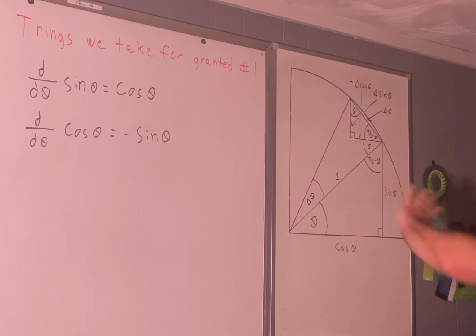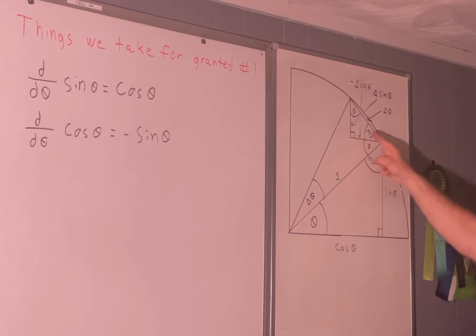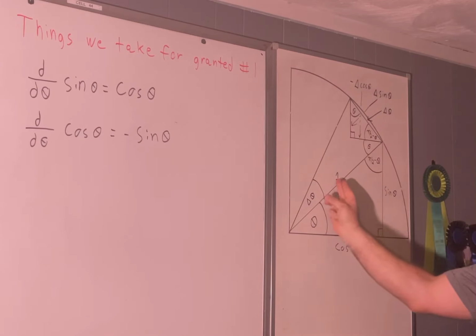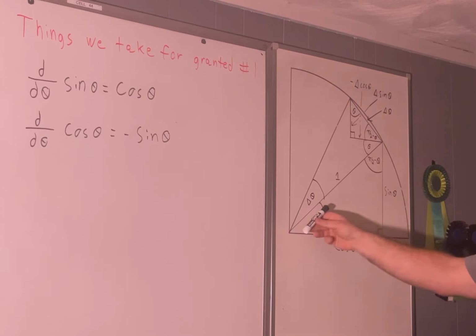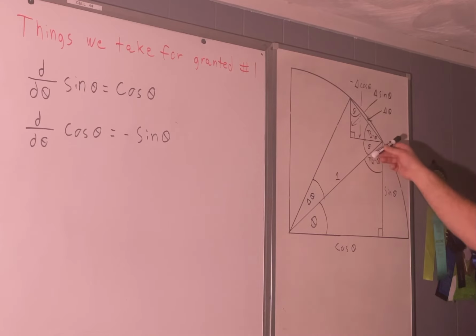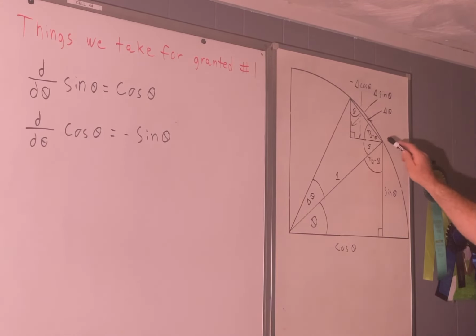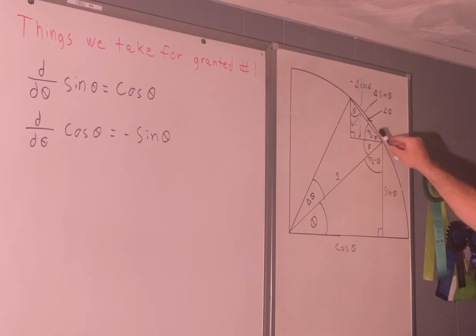Of course, we're going to magnify it. We're zooming way, way in, so this is not to scale at all. This is actually a very, very small change. And this line right here is actually the tangent to the unit circle at that point of intersection. So it's a line that's perpendicular to this hypotenuse right here.